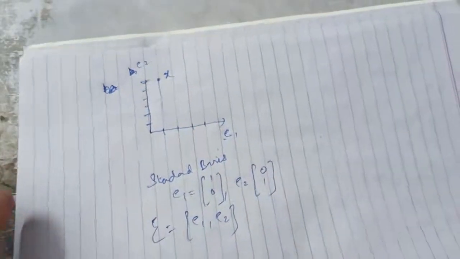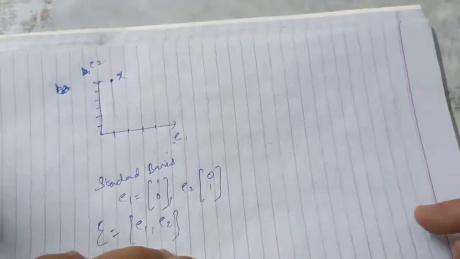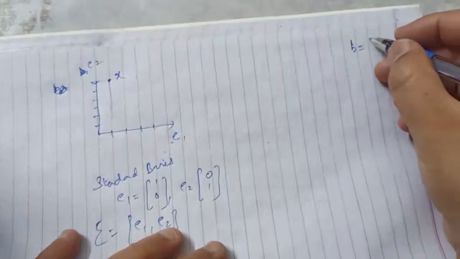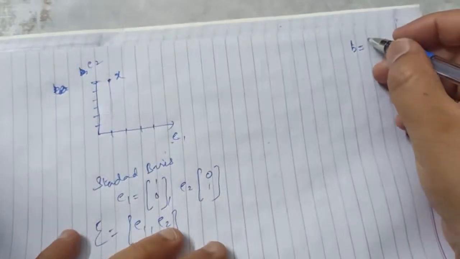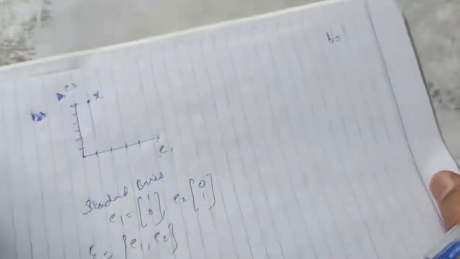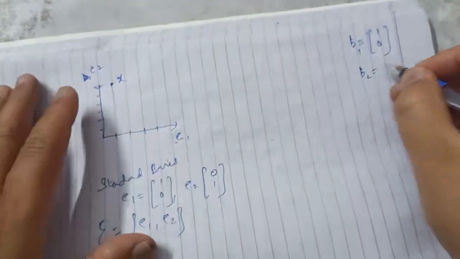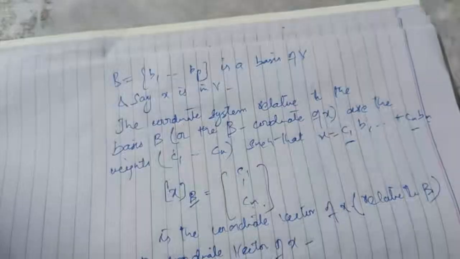Now look at the scenario in which we have the basis defined by the values (1, 0) and (1, 2). So B1 is (1, 0) and B2 is equal to (1, 2).